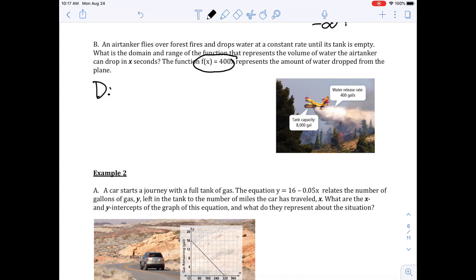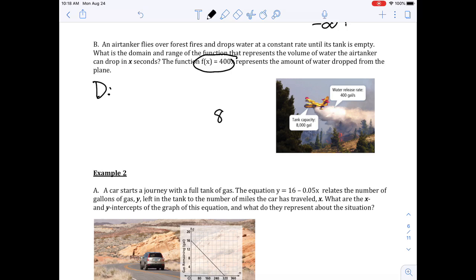So your domain, which is your x values, has to be a number that is greater than or equal to 0. The tanker can drop water for a maximum of however many seconds it takes before it runs out of water.